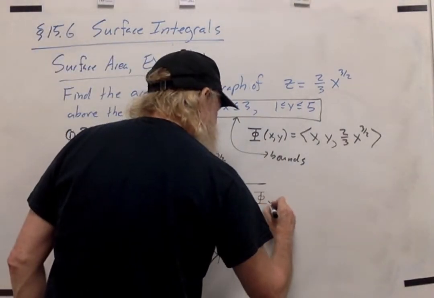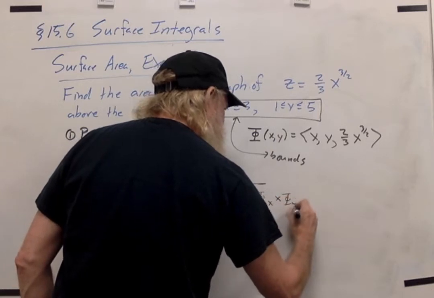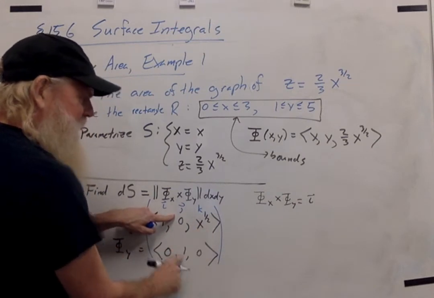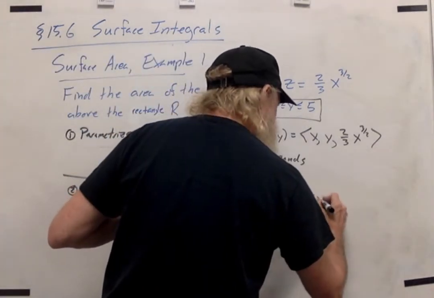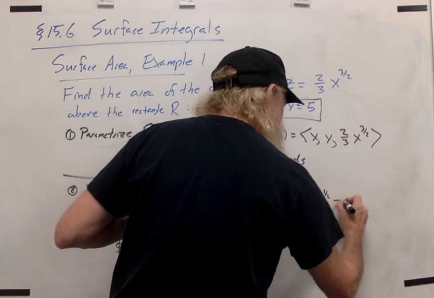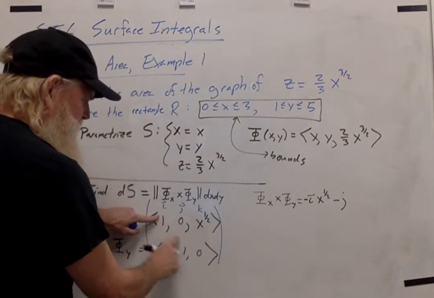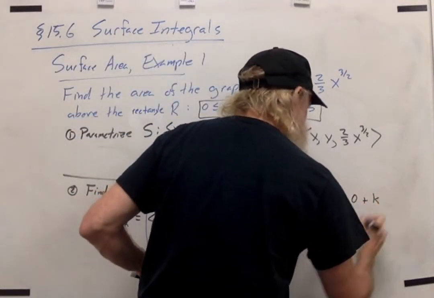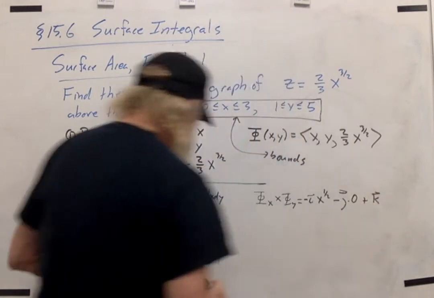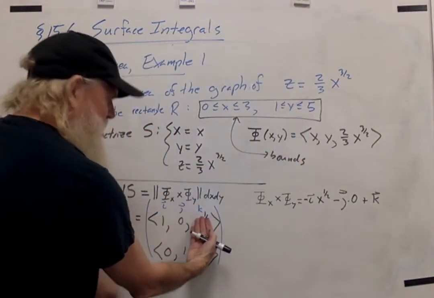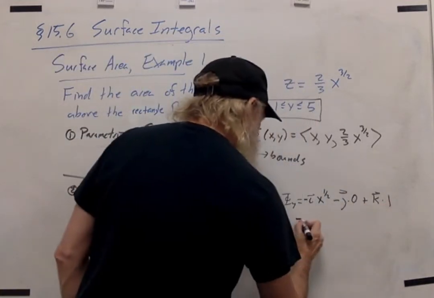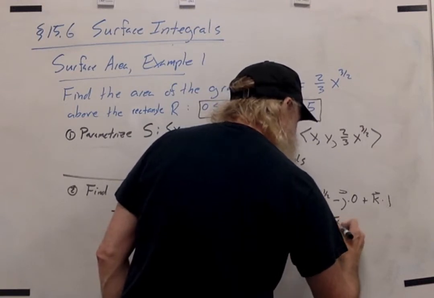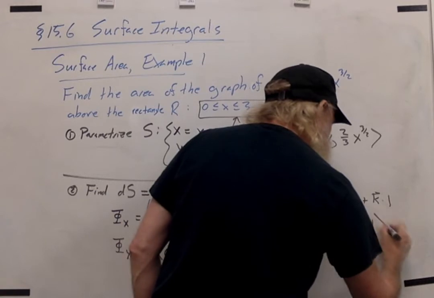So d phi dx crossed with d phi dy is going to be i times 0 minus x to the 1/2, so minus i x to the 1/2, minus j times 0 minus 0, plus k times 1 minus 0. So in our usual notation, that'll be negative square root of x, 0, and 1.